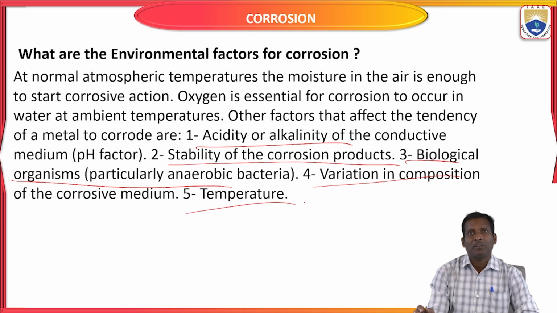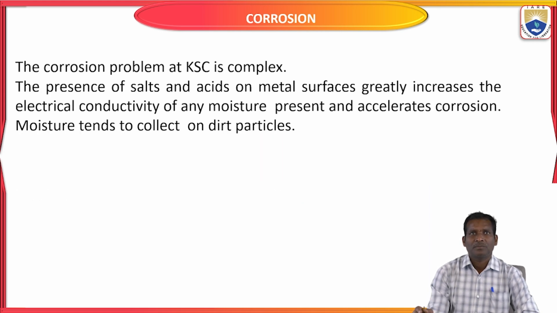These are the environmental factors for corrosion. The corrosion problem is complex, and the salts and acids on a metal surface greatly increase the electrical conductivity of any moisture present and accelerate corrosion.